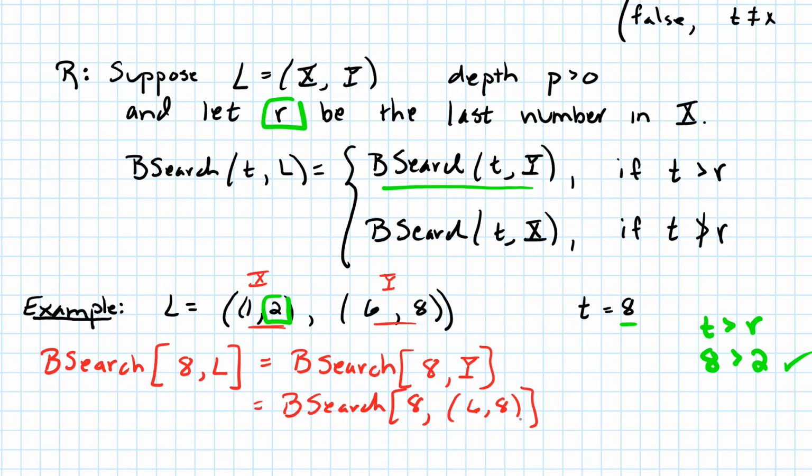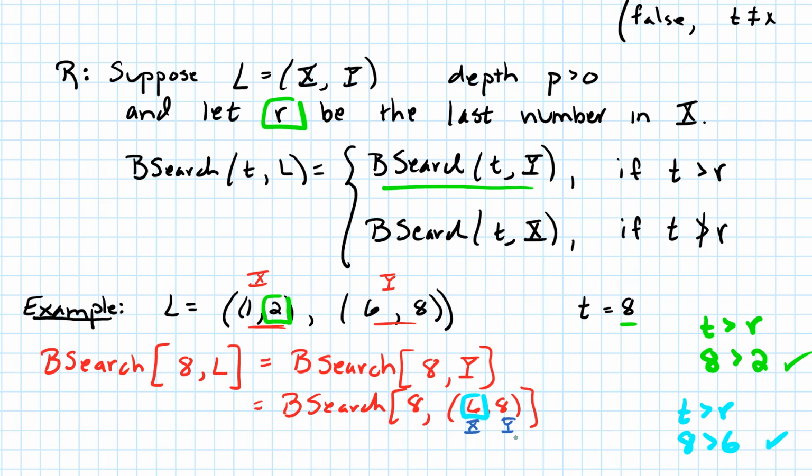Okay, so now, again, we've got two little pieces in here. We've got an X and we've got a Y. And the last number in X, in this case, is going to be 6. Right? And again, if T is greater than R, well, T is our search item, that's 8, and that certainly is greater than 6, check.